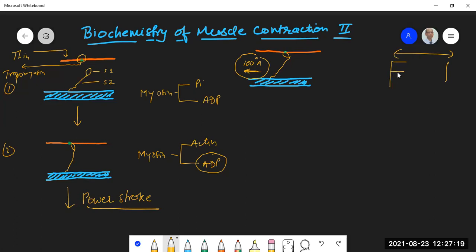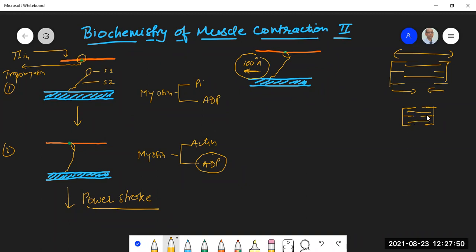These are the filaments originating from the sarcomere, and this is the thick filament. It will move in this direction towards the center of the sarcomere, and as a result, what is originally like this will become like this, and the overlapping will increase.